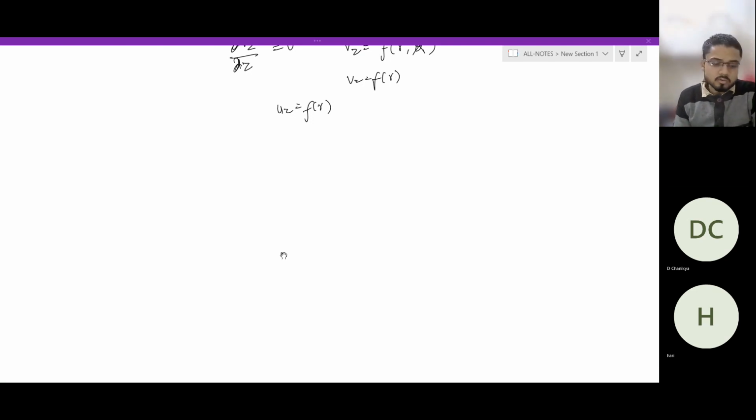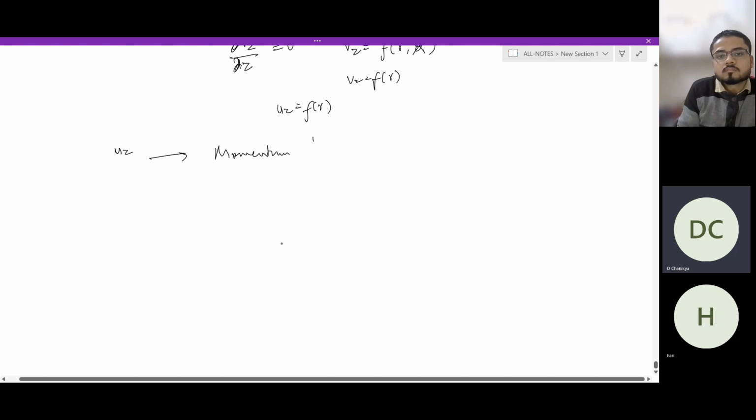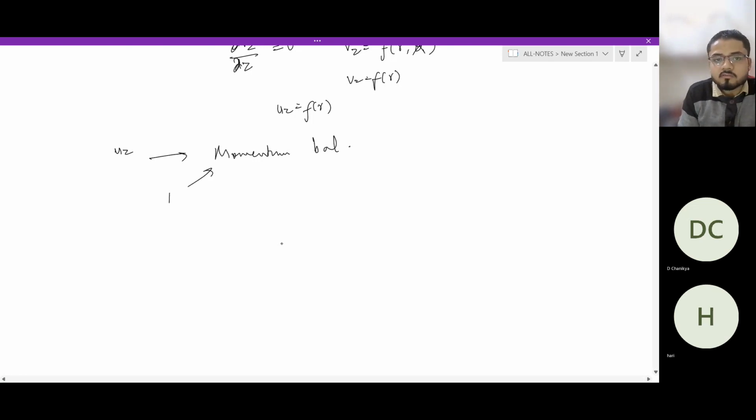Now, how do you actually obtain the value of uz? For this, we'll use a momentum balance. You do understand that here we are transferring momentum from the left end to the right end, right?